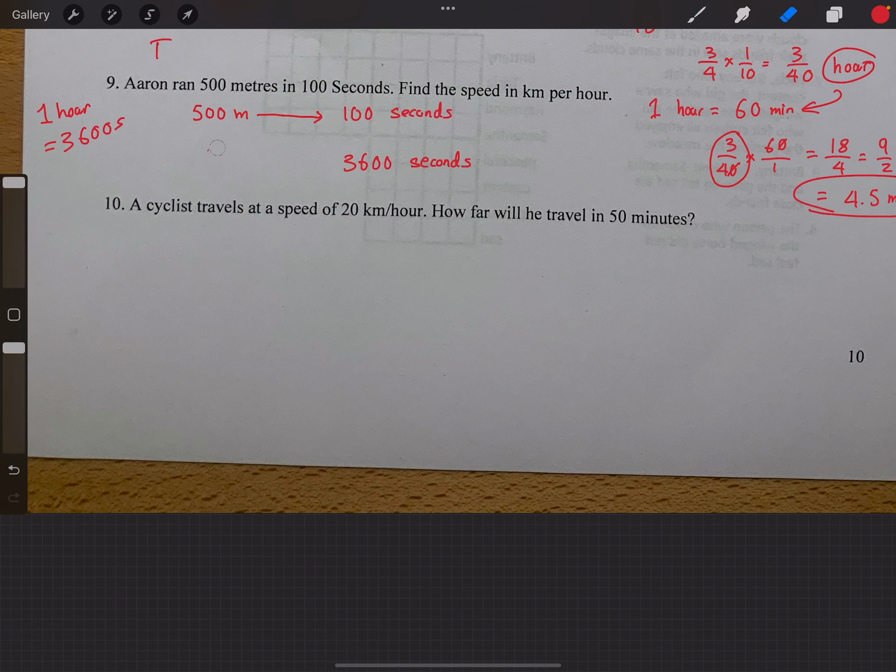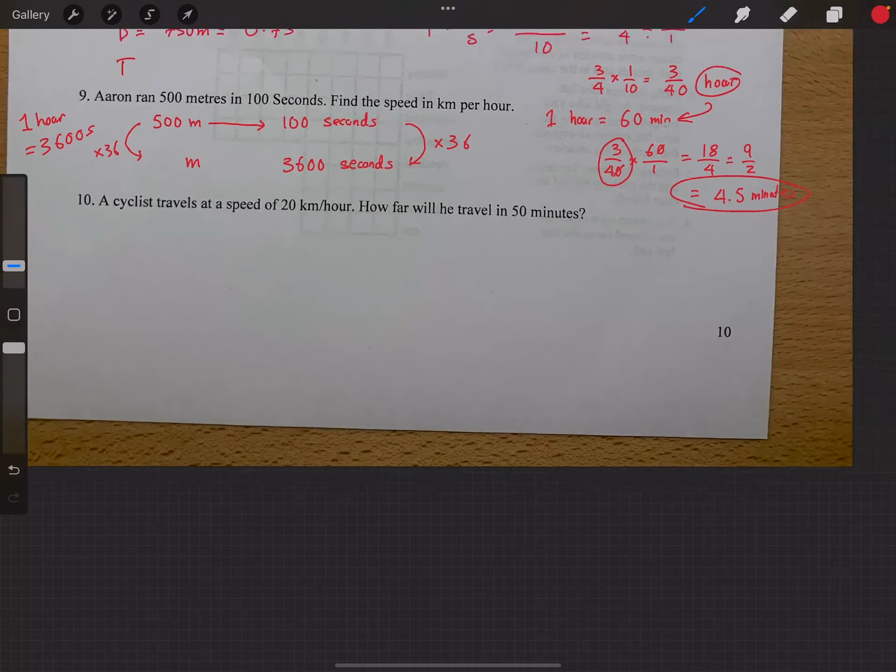So I want to know how many meters I've traveled when an hour has passed. From 100 seconds to 3,600 seconds, I just multiply by 36, isn't it? So I multiply 500 by 36 and you will get your answer in meters.